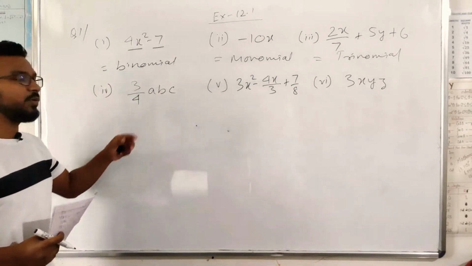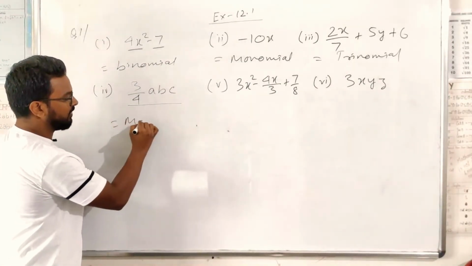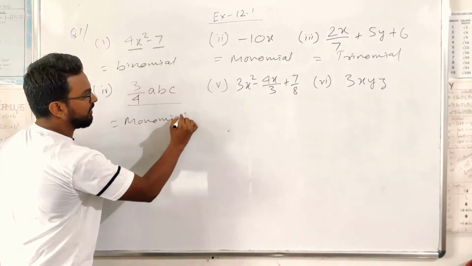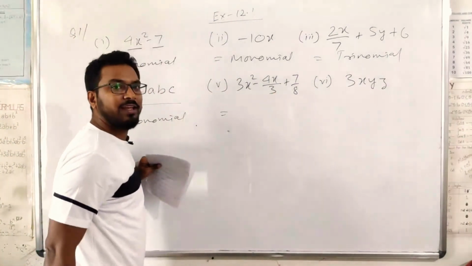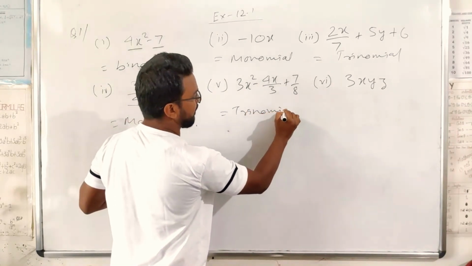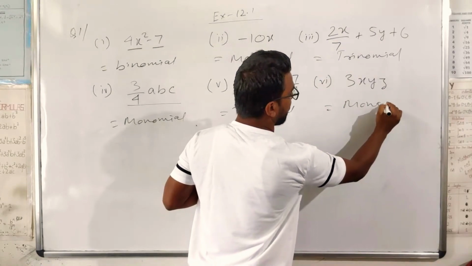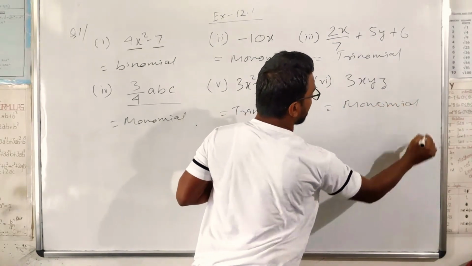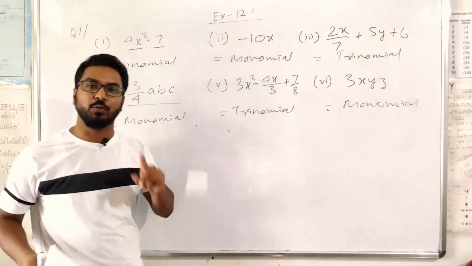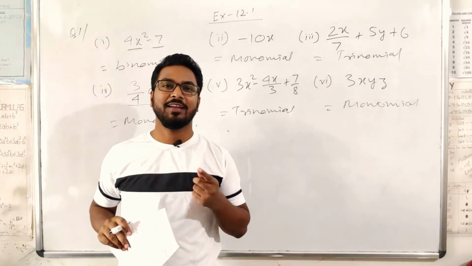Similarly, what about this? There is only one term, so this will be monomial. How many terms? 3 terms. So this will be trinomial. This is a single term, so this will be monomial. So one term means monomial, 2 terms mean binomial and 3 terms mean trinomial.